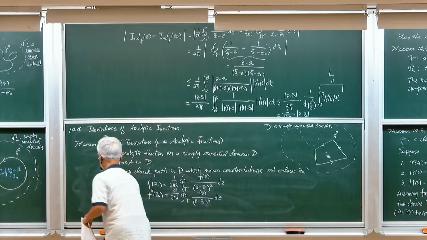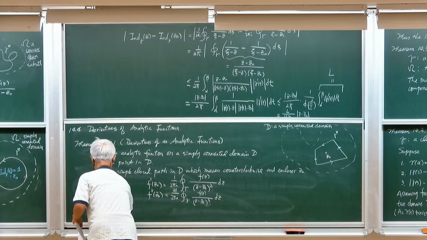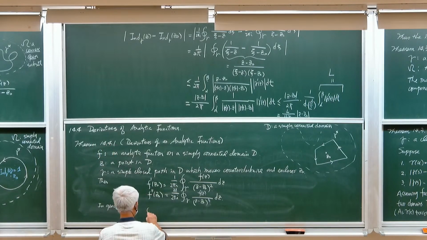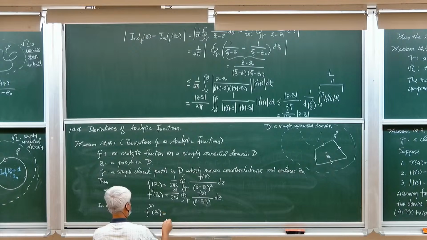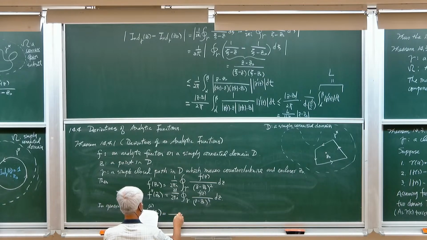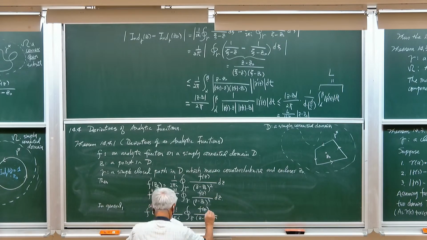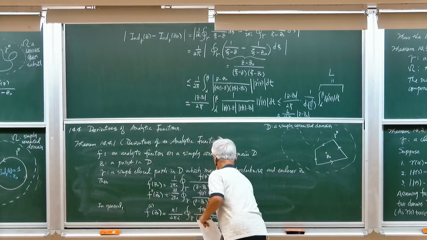In general, we have the nth derivative at z0, and it's n factorial over 2 pi i, the integral over gamma of f(z) over (z minus z0) to the power n plus 1, dz.